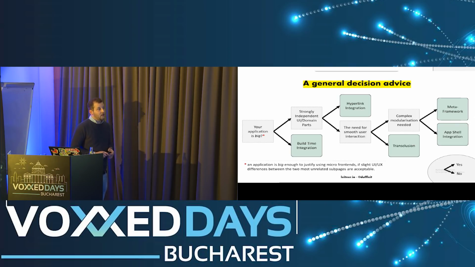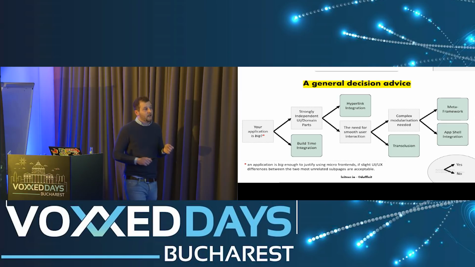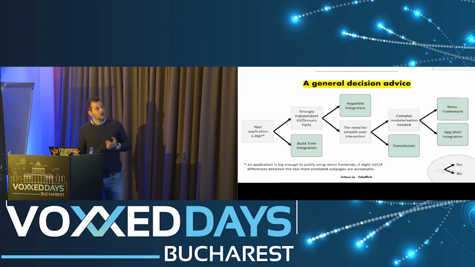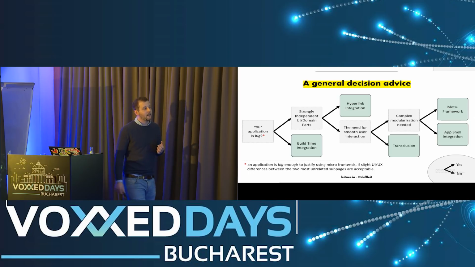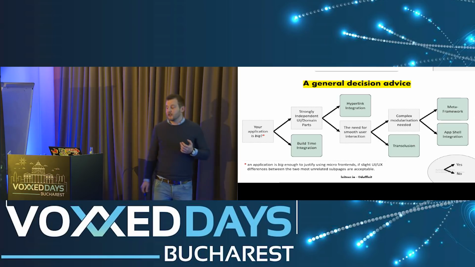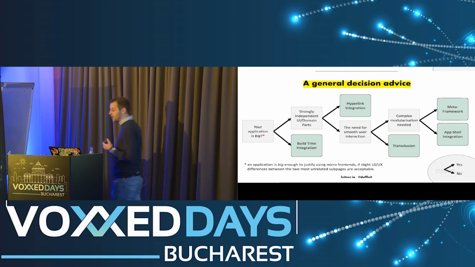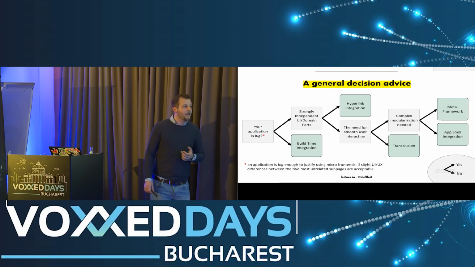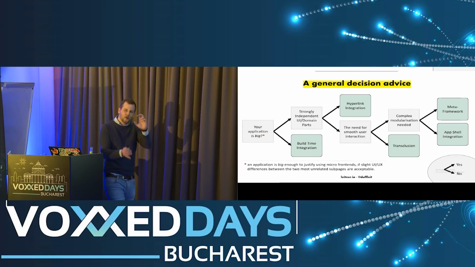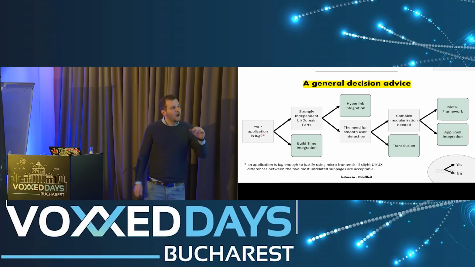But if you don't have this, you need to ask yourself, do you need smooth user interaction? If you don't need it, you can go with Transclusion with server-side includes. But if you need smooth user interaction, you need to ask yourself, do you need complex modularization? As mentioned earlier, I don't want to blame meta frameworks again, but I have never seen a customer project where we really needed a meta framework because we need to modularize all our micro frontends on a very low level.